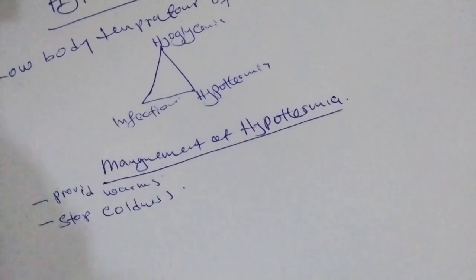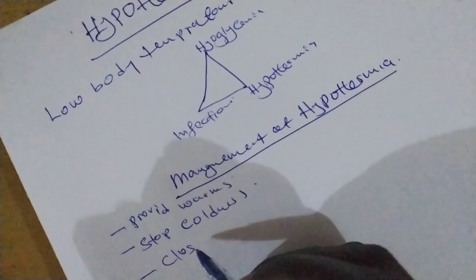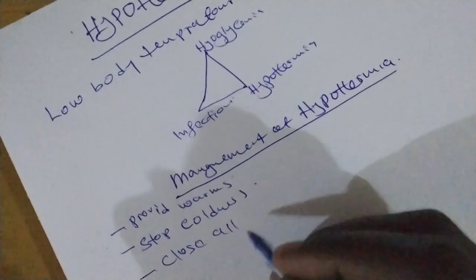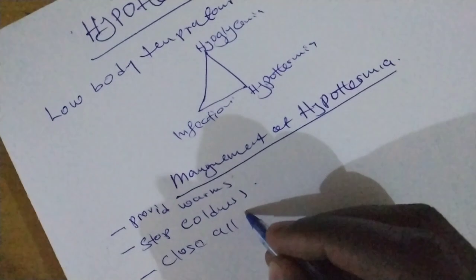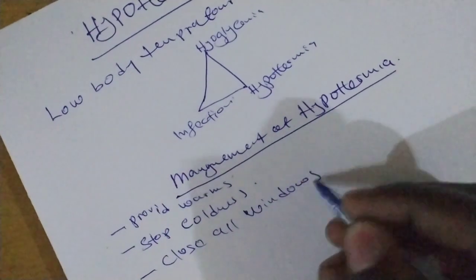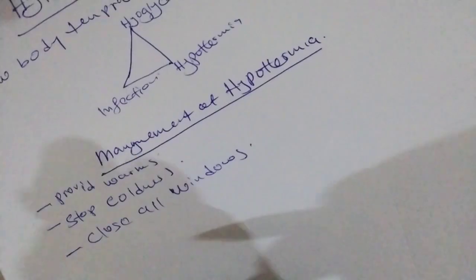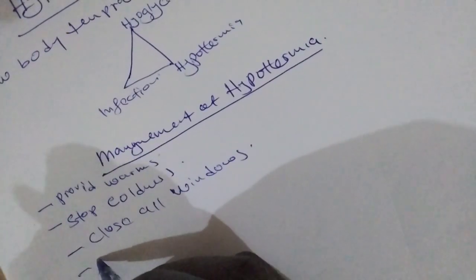Now, if you're providing warmth, you will monitor the temperature. The second thing, we have to close all the windows that can make the patient cold, and we need to keep the room warm.